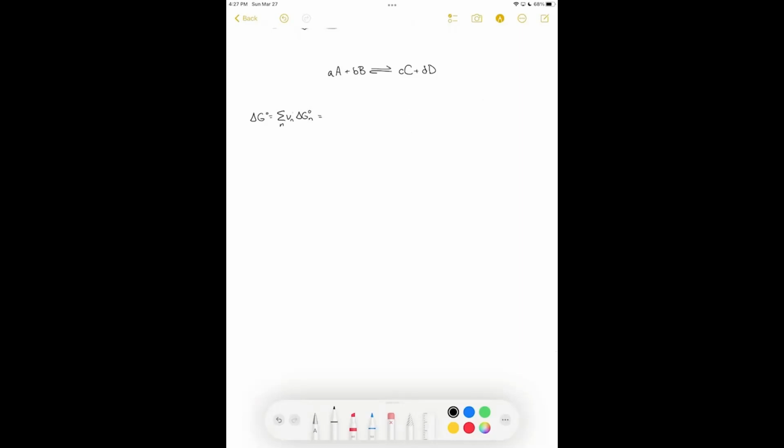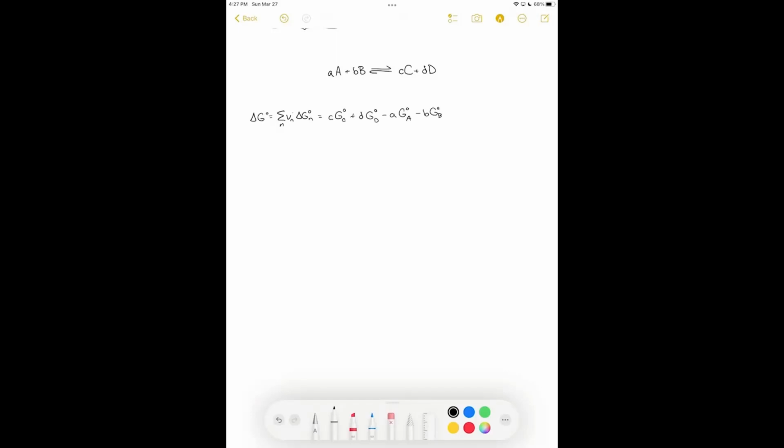We can say that the change in Gibbs free energy for this reaction is simply equal to the number of moles of C times the molar Gibbs free energy of C, plus the number of moles of D times the molar Gibbs free energy of D, minus the number of moles of A times the molar Gibbs free energy of A, and the number of moles of B times the molar Gibbs free energy of B.